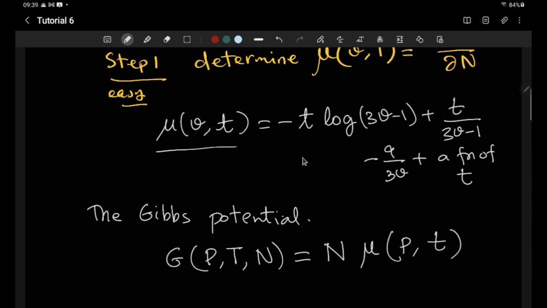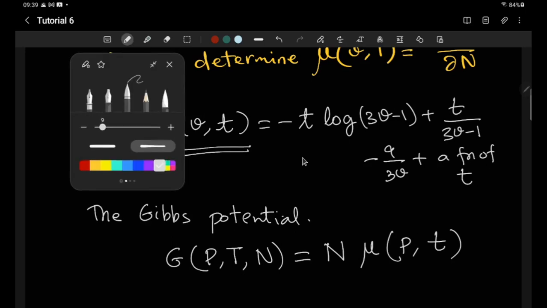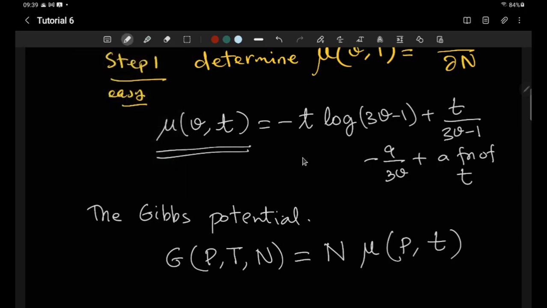But what we have here is mu as a function of V. So what we should write really is, we need to do some solving. Express V as a function of P and little t. Only then. And we know that when there are multiple phases on the coexistence curve, two phases coexisting, V of P can take many different values.